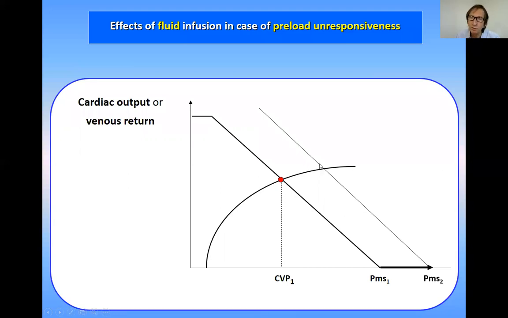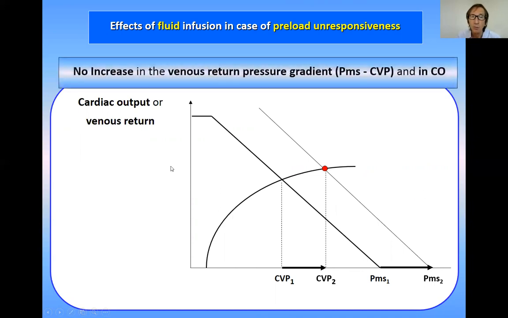But due to this flat part of the Frank-Starling curve, there is a movement of the equilibrium point to the right on the same Frank-Starling curve, but as you can see, there is no increase in cardiac output, but a huge increase in CVP, and the change in CVP is more or less the same as the change in the mean systemic pressure, and therefore there is no increase in the venous return pressure gradient, no increase in cardiac output.